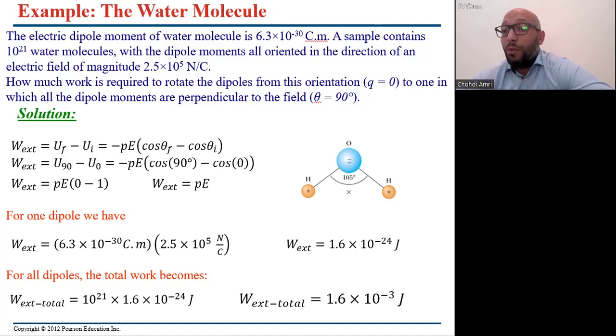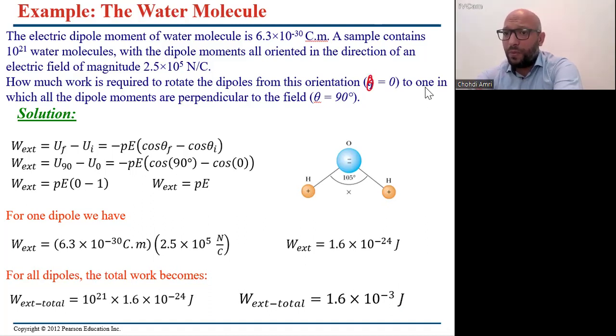The question is, how much work is required to rotate the dipoles from this orientation, phi equals 0, to one in which all the dipole moments are perpendicular to the field, that means phi equals 90.